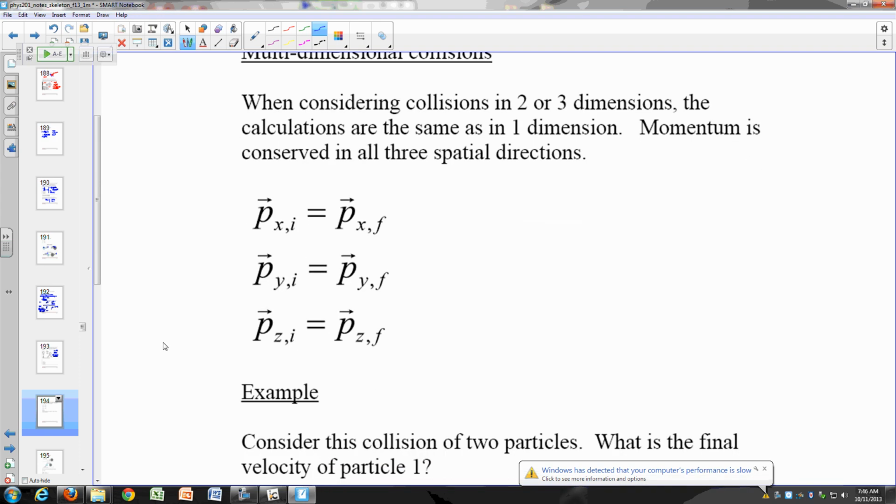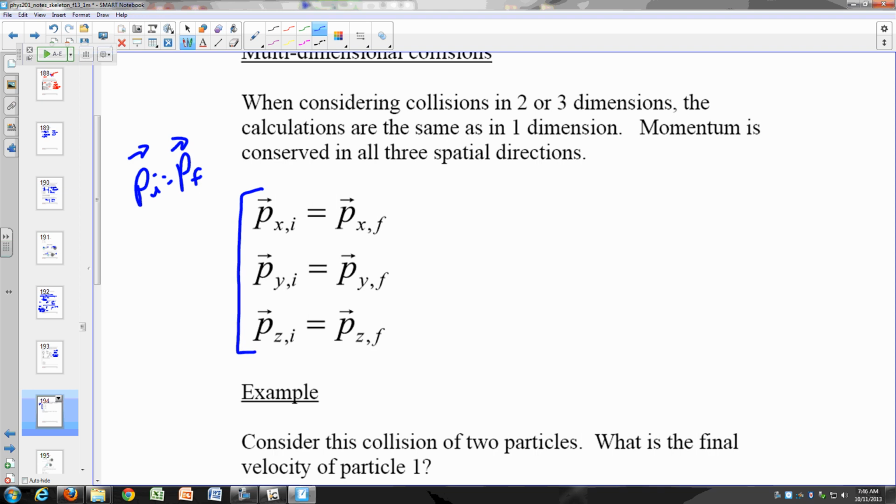Here, the initial momentum equals the final momentum, but it's also true that the x, y, and z components of all of those momenta are equal. So the initial momentum in the x direction equals the final momentum in the x direction, and the same for y and z. This applies to 3 dimensions, but if we saw it, you'd only see it in 2 dimensions.